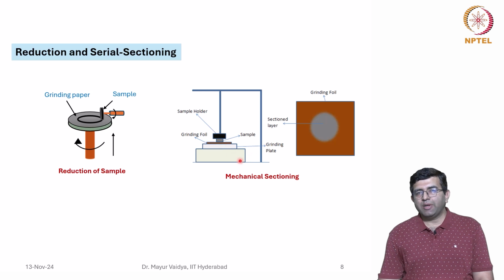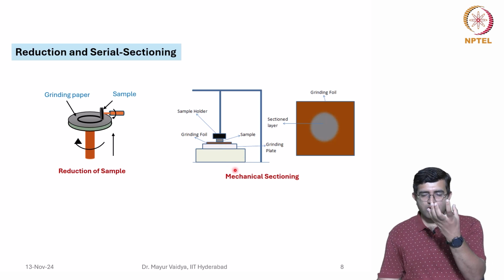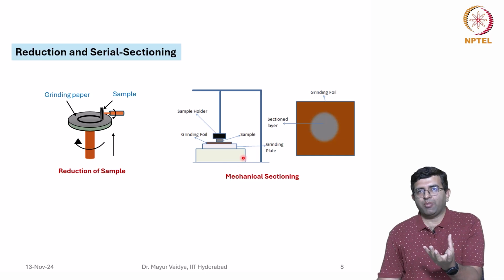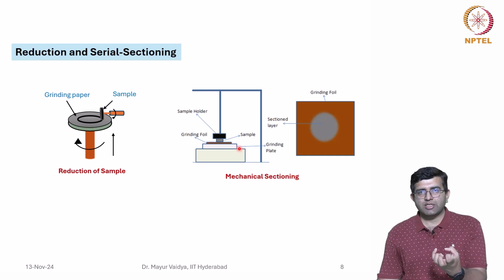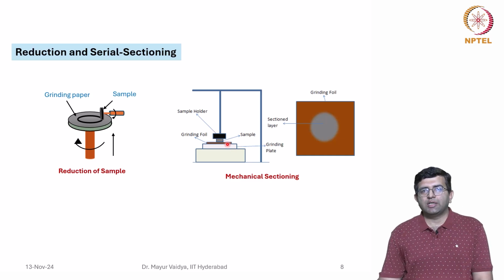At the bottom of this grinding plate, a small suction is created so that your foil sticks to the grinding plate. The grinding plate is perforated so that suction is created and the foil sticks to it, and then the sample is inverted onto this foil using a sample holder.